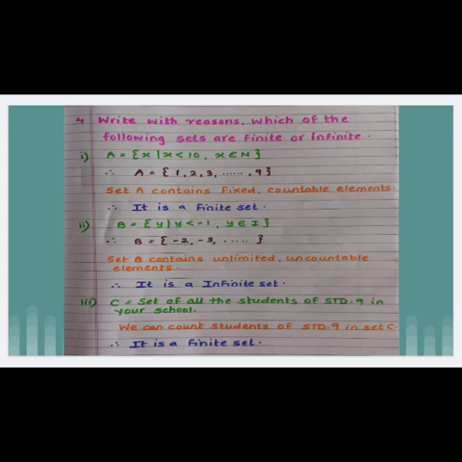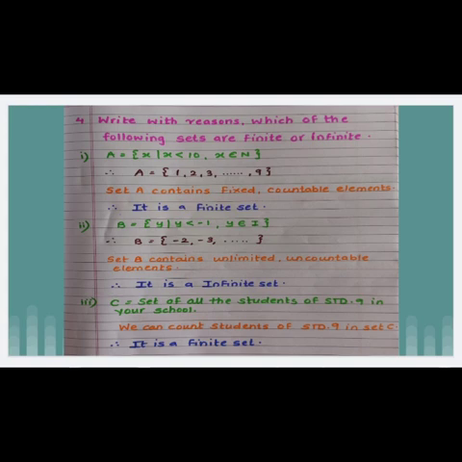Question number 4. Write with reasons which of the following sets are finite or infinite. First one, A is equal to x such that x is less than 10 and x belongs to natural number.